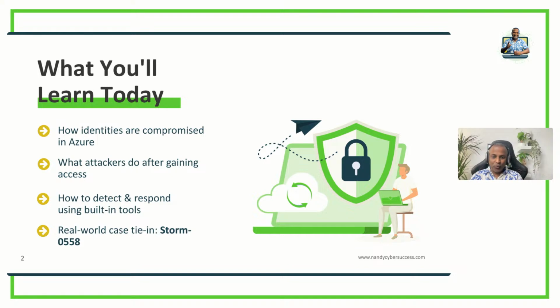First of all, we're going to cover how to identify the compromise. With identity, we have different kinds of identities: service accounts, different kinds of managed identities, normal users, privileged users, and so on.